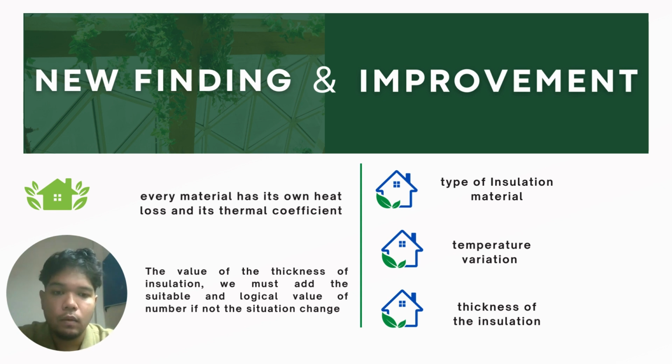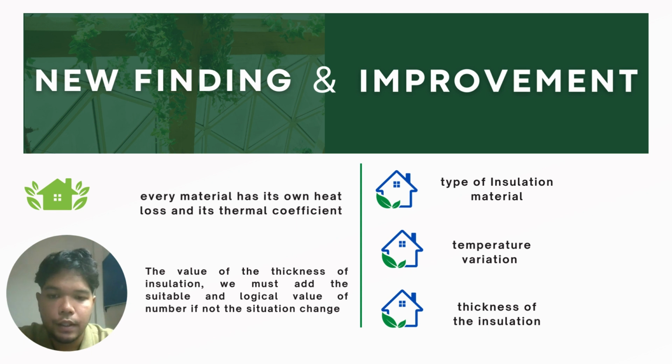We also know that we cannot simply add the thickness of insulation to find the minimum rate of heat loss, because after a few attempts, we were finally able to find the suitable thickness of insulation, which is 1.5 times larger than the original thickness. For the improvement, to reduce the heat loss, we can use a different type of insulation material, such as fiberglass or foam, because it has better thermal qualities.